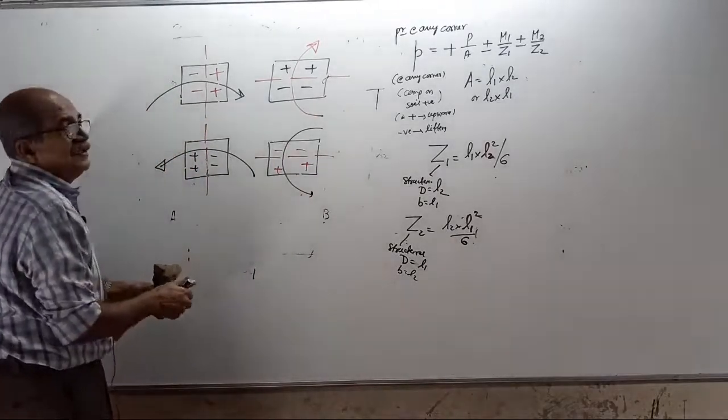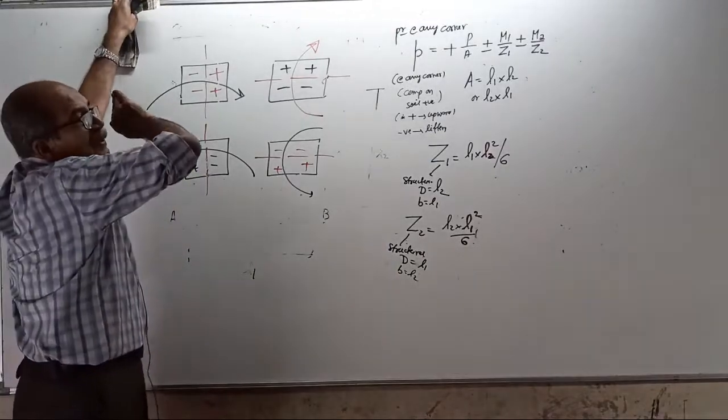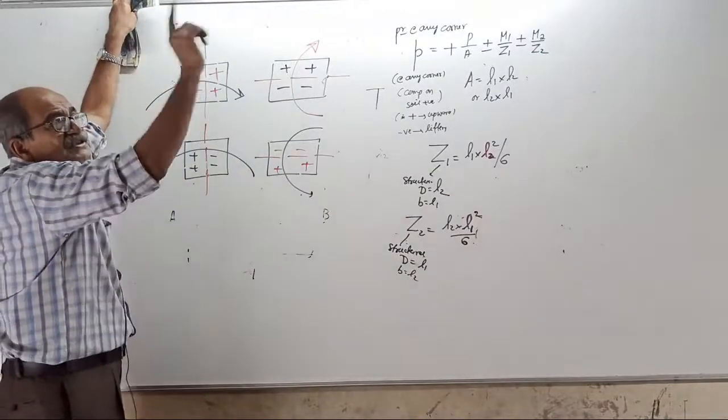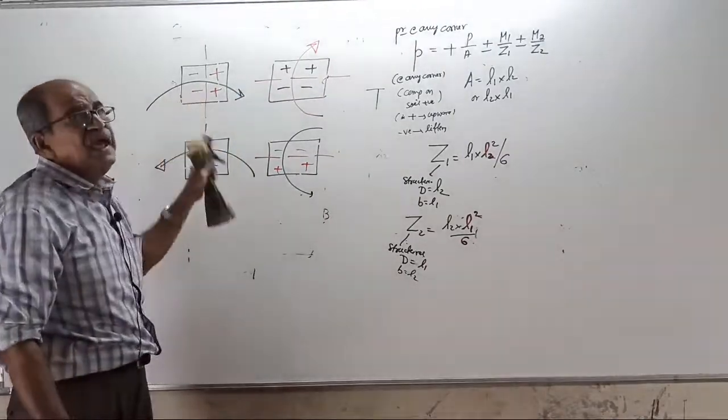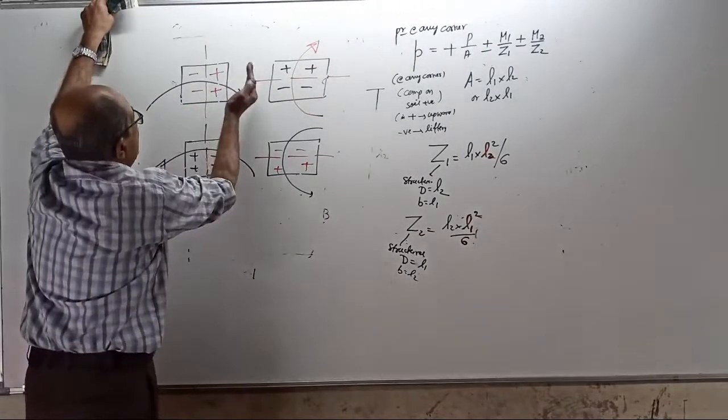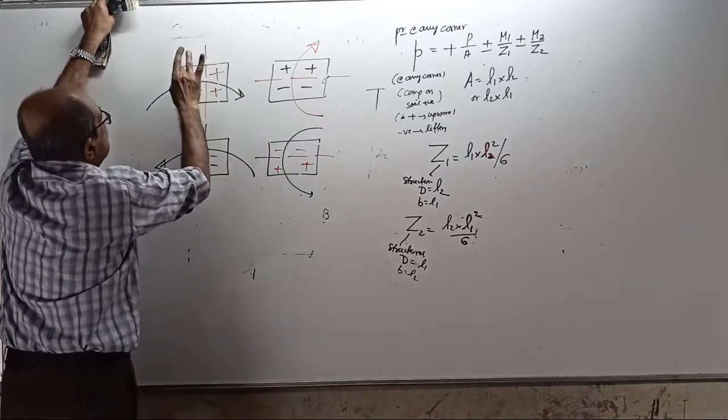Or by the crude method, if the moment is this way, the side where the arrow is going is plus, the side where the tail is, minus.